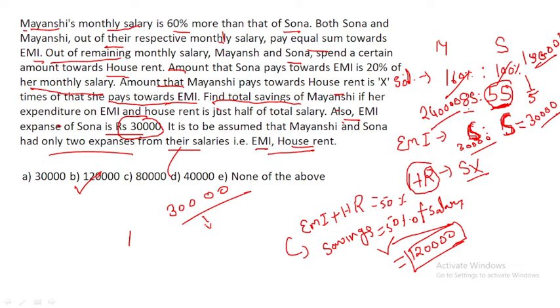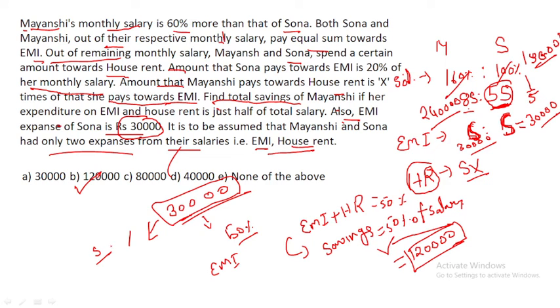Okay. Now, what are they asking? Saving. As we know, their expenses are on EMI and house rent, and she spent half of the amount on EMI and house rent. So 50% of the salary will be saving, that we know. Now, 30,000 is the expense of Sona on EMI, right?